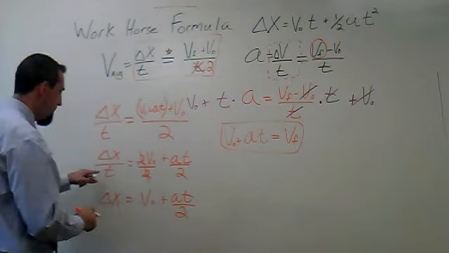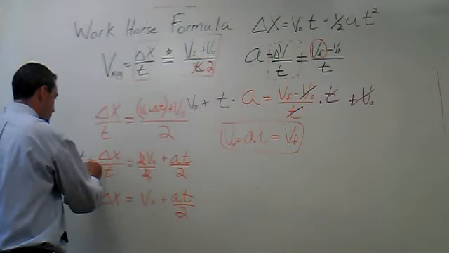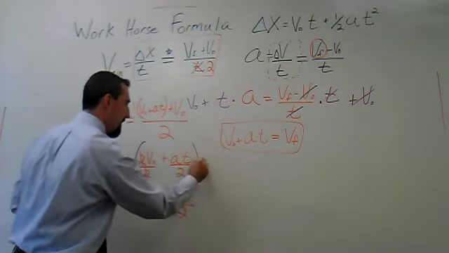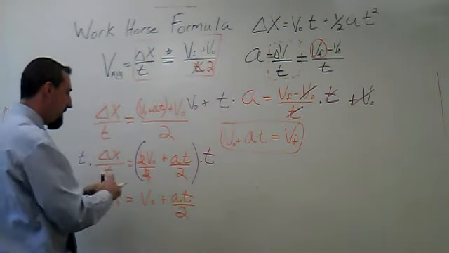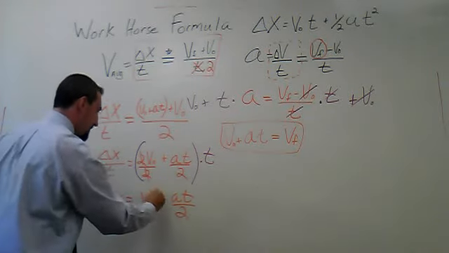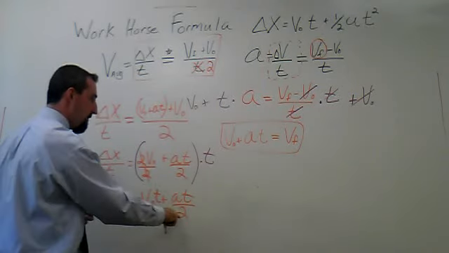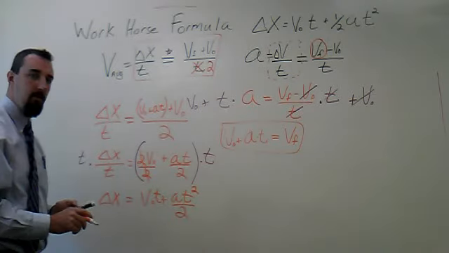And instead of leaving the t on this side, let's multiply both sides by t. I have to multiply the whole side by t. Well, let's see. t times Vo is Vo t. At over 2 times t is At squared over 2.